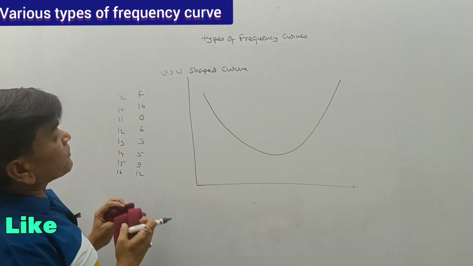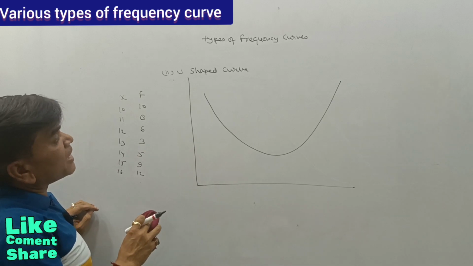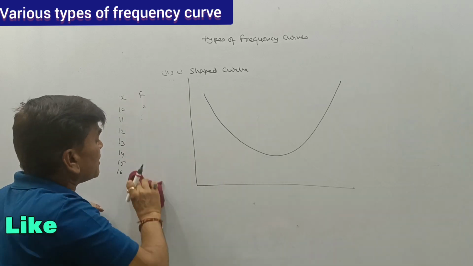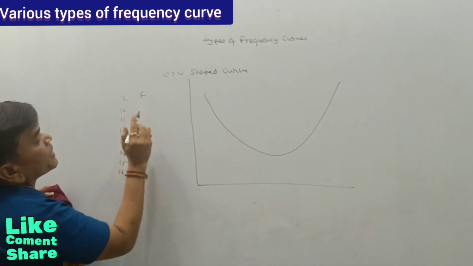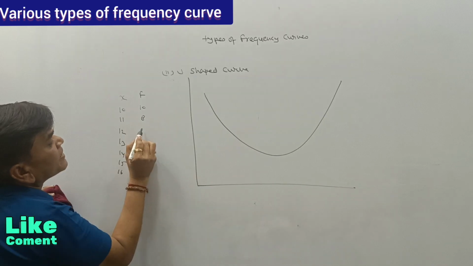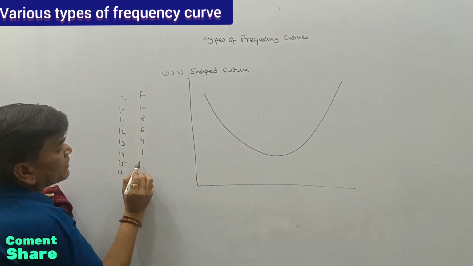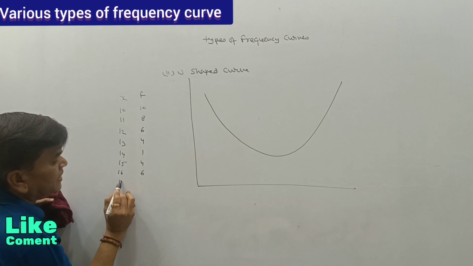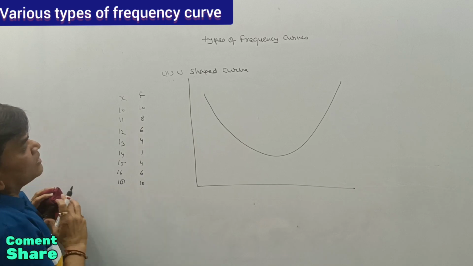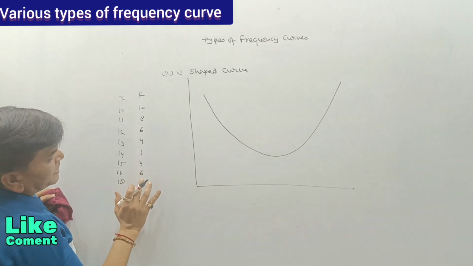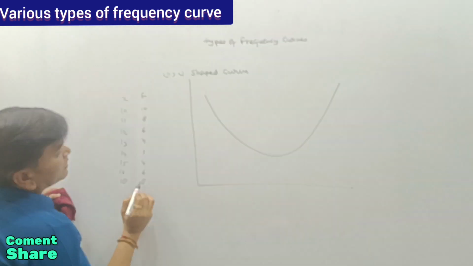If there is a sharp decrease in frequency and then a sharp increase in frequency, suppose the frequency is 10, 8, 6, 4, 1, 4, 6, 8, 10.